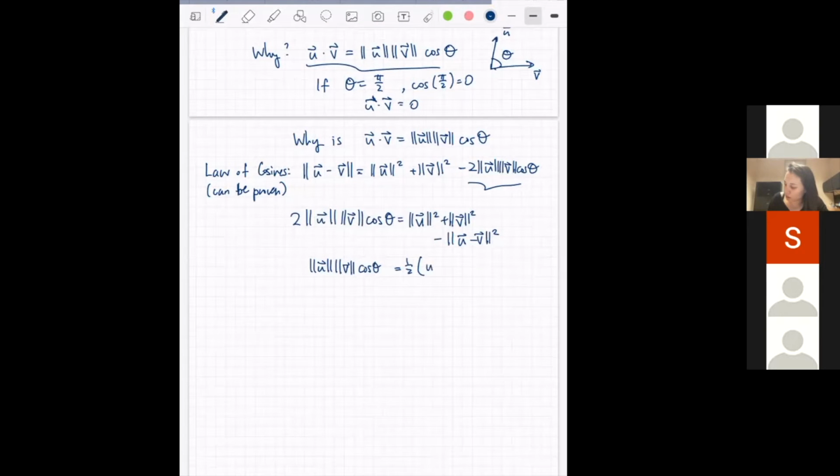We'll get u1 squared plus u2 squared from the first piece. Then we'll get v1 squared plus v2 squared from the second piece, minus, sorry, u1 minus v1 squared plus u2 minus v2 squared.